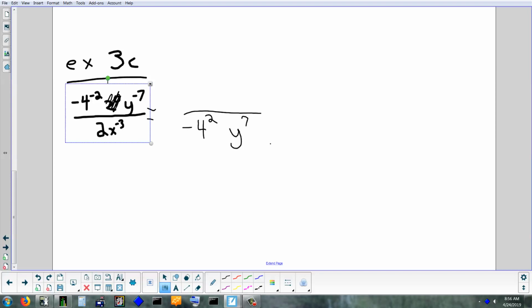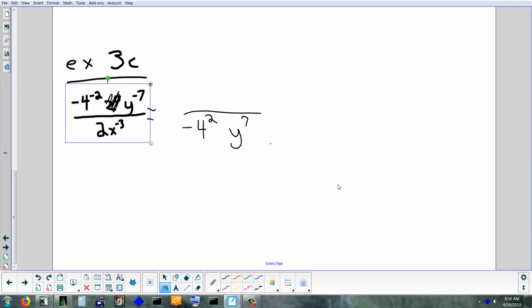Anything else that needs to move? Nicole, what do you think? Anything else that needs to move? The bottom, the 2x to the -3 to the top. So I'm moving 2x to the -3 on top. So then I see you shaking your head. Why? Because the 2 has a 1. Yeah.